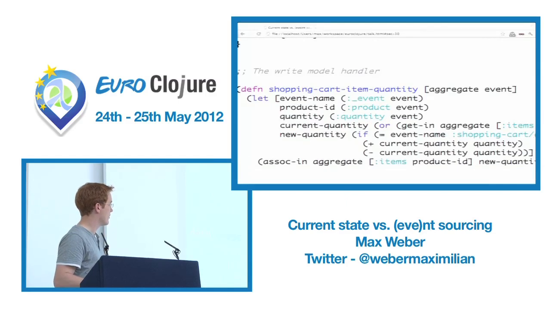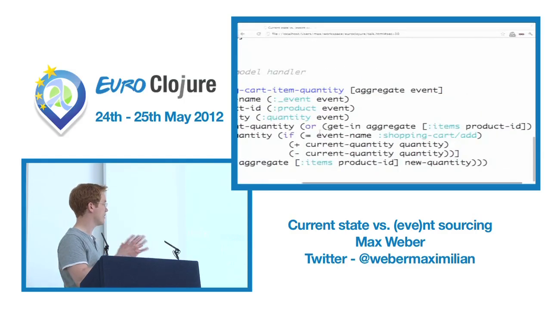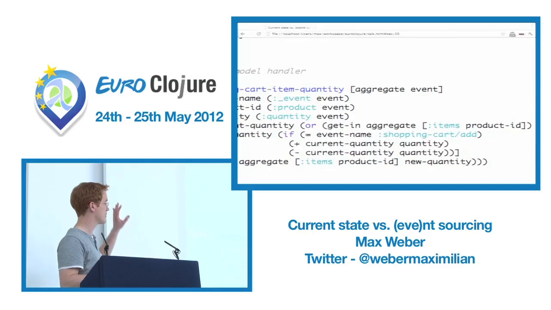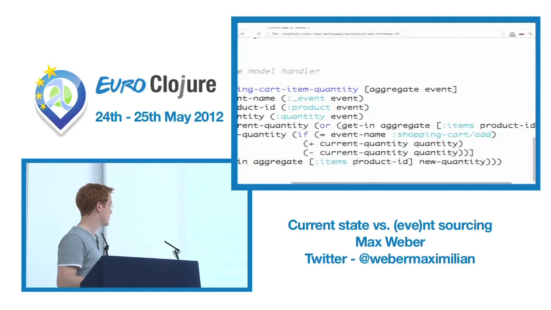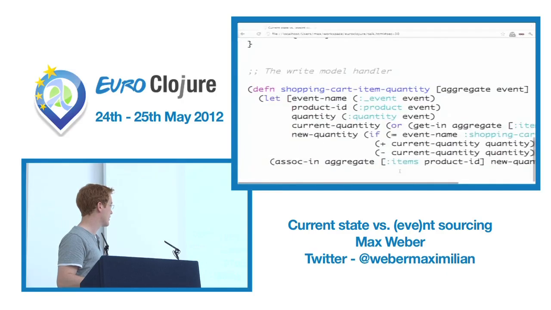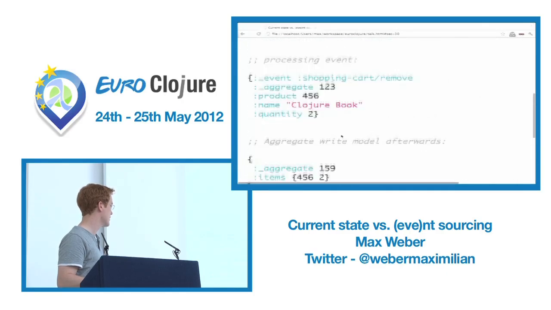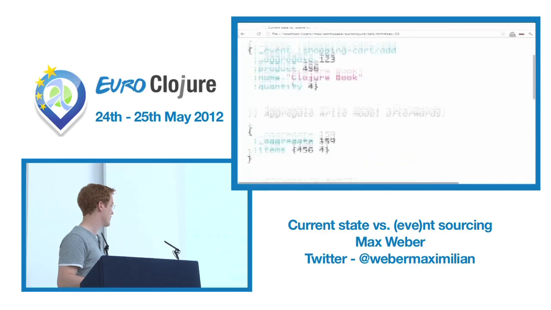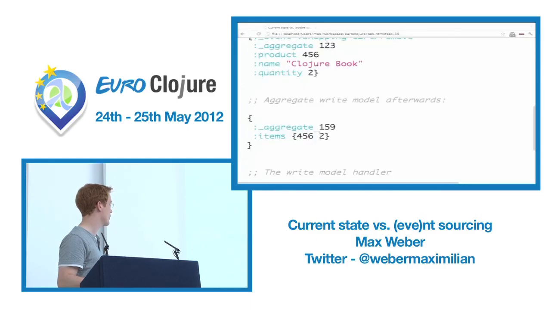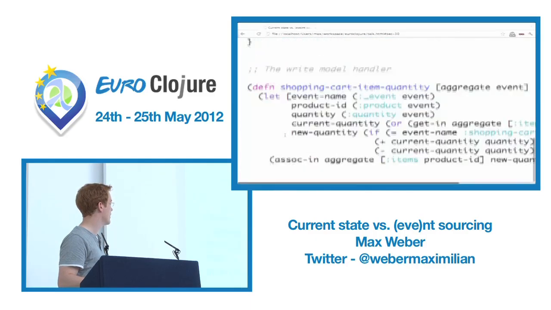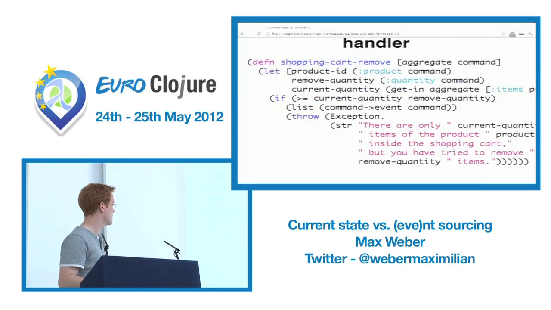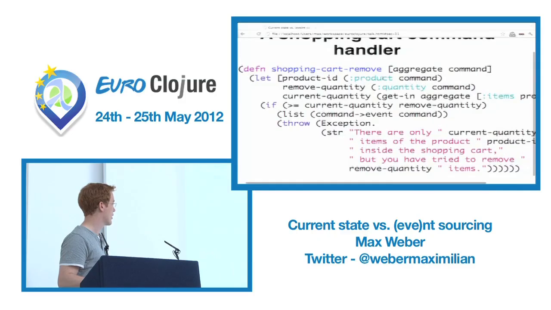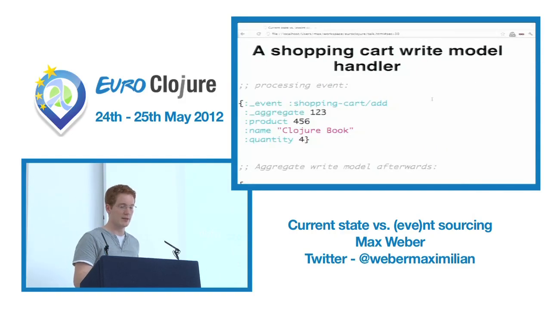Doesn't matter. This is a so-called write model handler. It's the same as the read model handlers or event handlers as we've seen on the read side. And it simply does the housekeeping to track the current quantity of the products and stores it here inside the aggregate write model. So that after the processing of these events, we receive the correct write models.